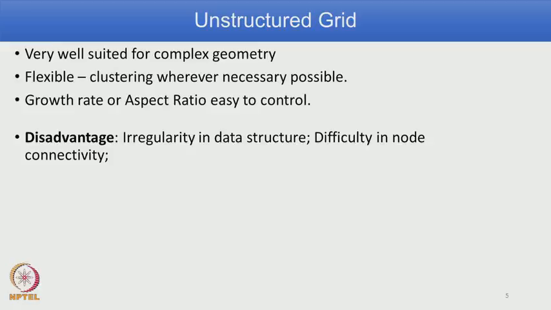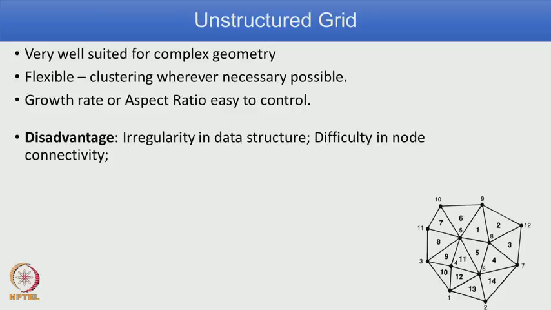But then you observe that it is so uncomfortable to define exactly the node connectivity. For example, if I zoom in on one area with such a mesh arrangement, you can see the numbers 1, 2, 3, 4; they are all elements, and for each element there are nodes that are defined.